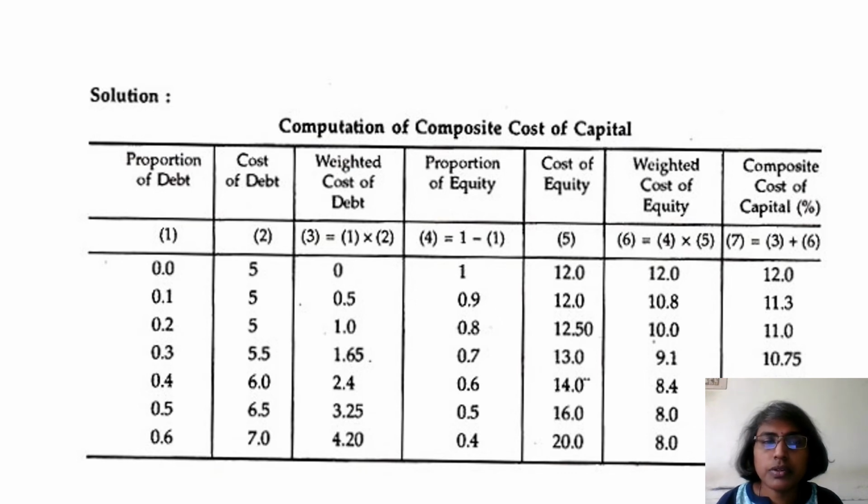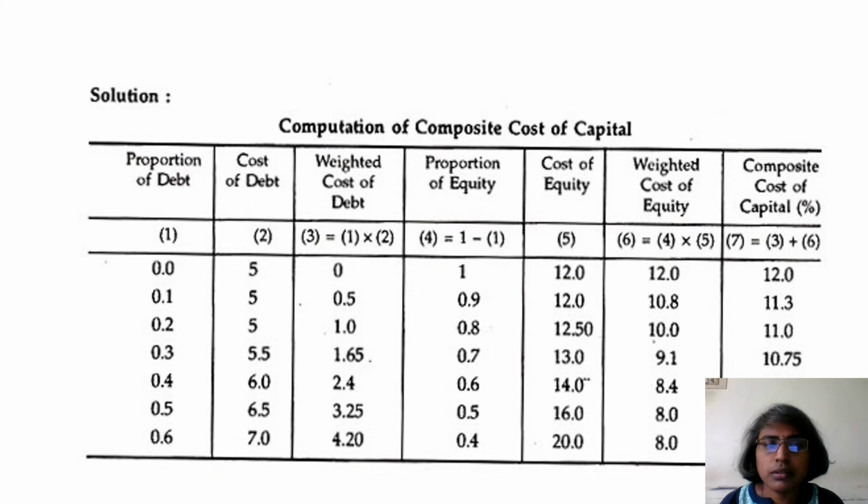This is the proportion of debt given in the problem. The proportion of debt is the percentage of debt, as well as the percentage of equity, the cost of debt and the cost of equity. As per the problem, the proportion of debt is given as 0.00, 0.1, 0.2, 0.3, 0.4, 0.5, 0.6.